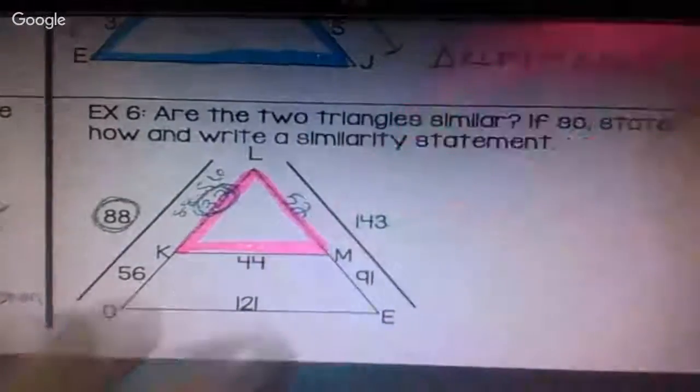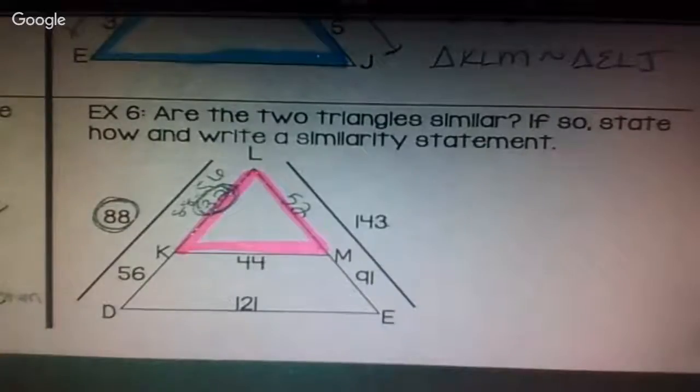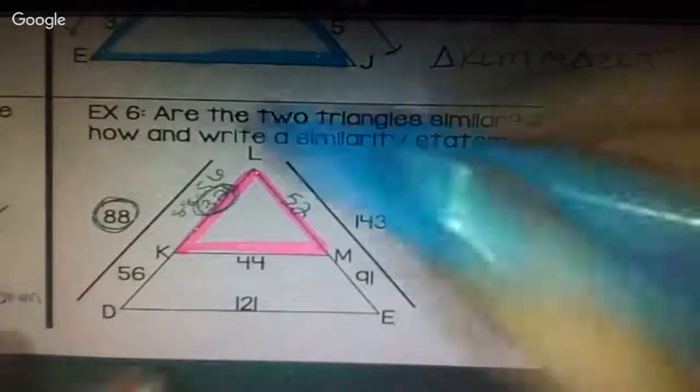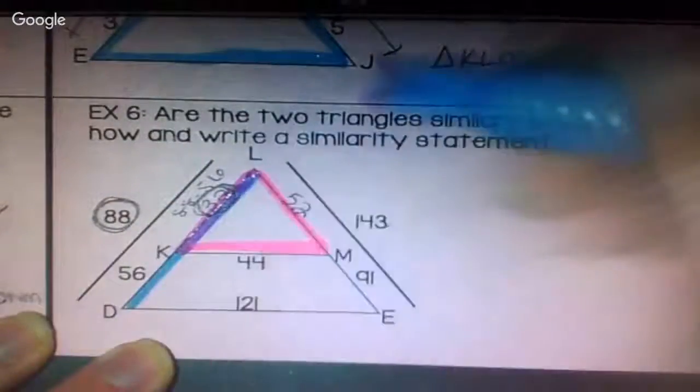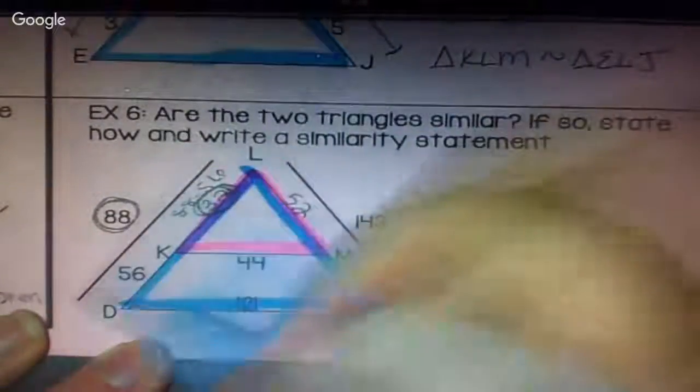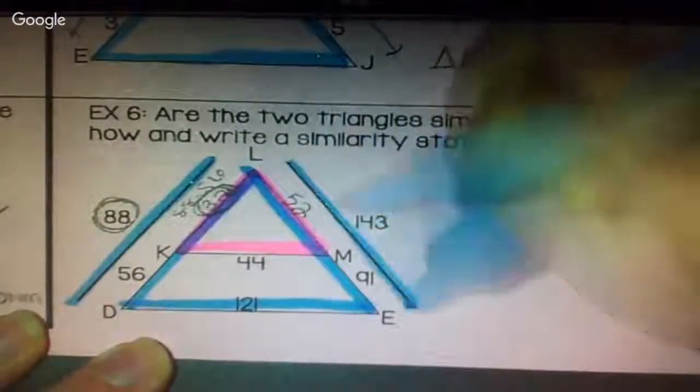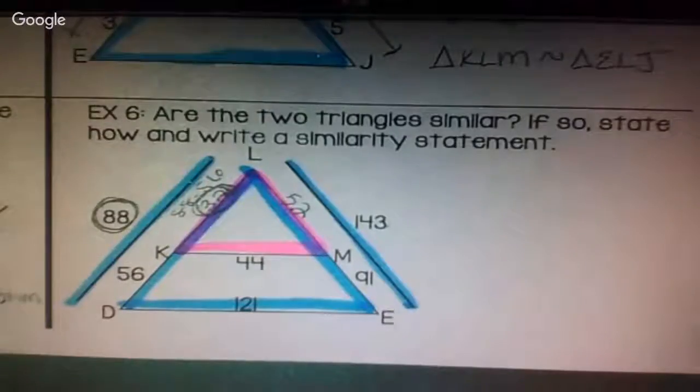So here's your small triangle, which is 32, 44, and 52. Here's my big triangle, which is 88, 143, and 121.